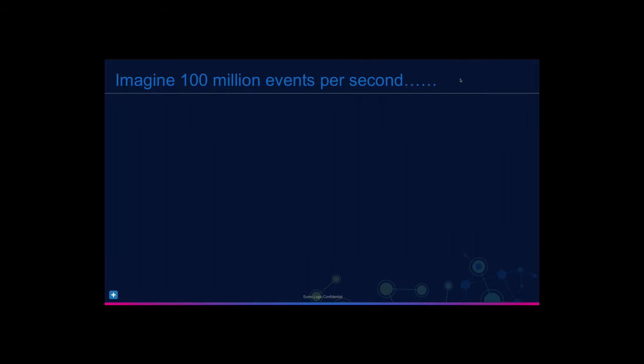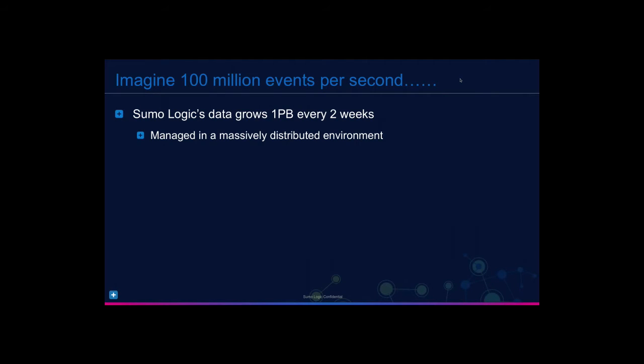You may not know, but Sumo Logic is one of the largest customers of Amazon AWS. The amount of data we host for our customers grows by 1 petabyte every 2 weeks. That's no trivial amount of data.